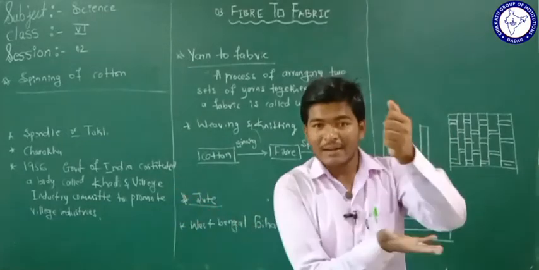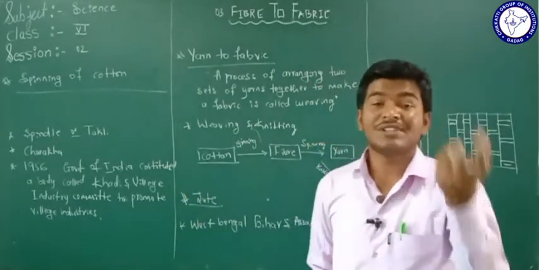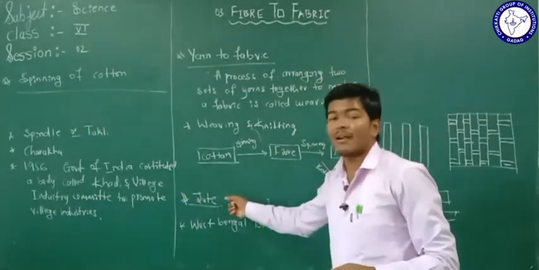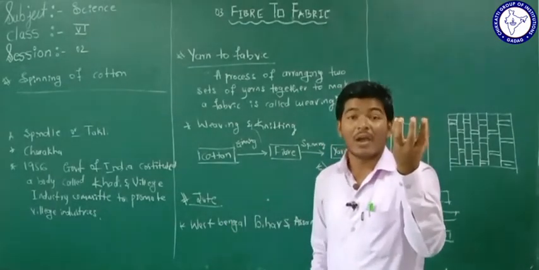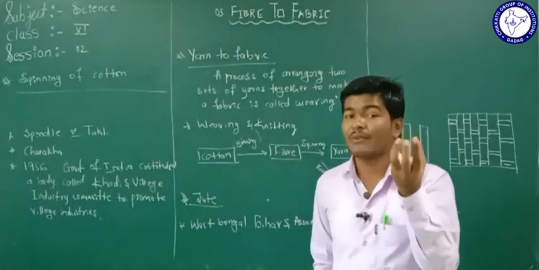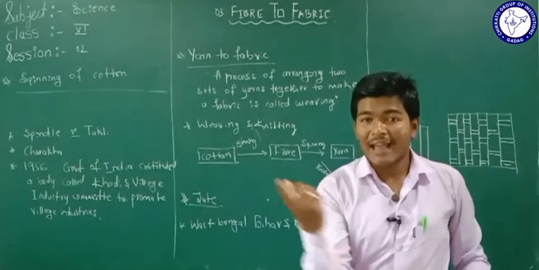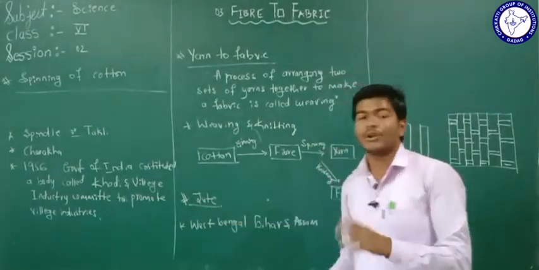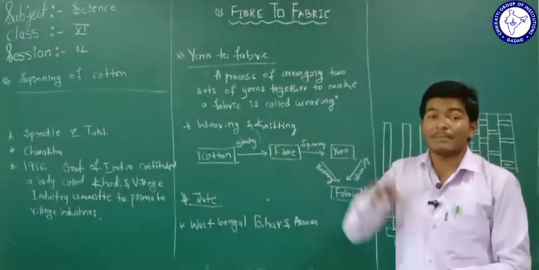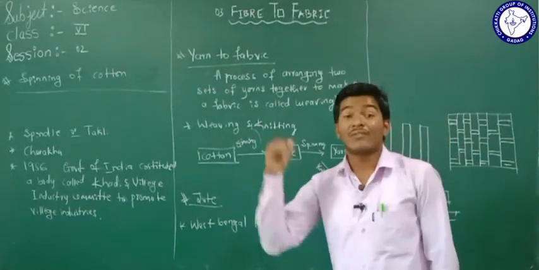Harvested means it is cut at the time when the jute plant is flowering. You have to remember, when the jute plant flowers, all the jute plants are cut and immersed in water for a few days.